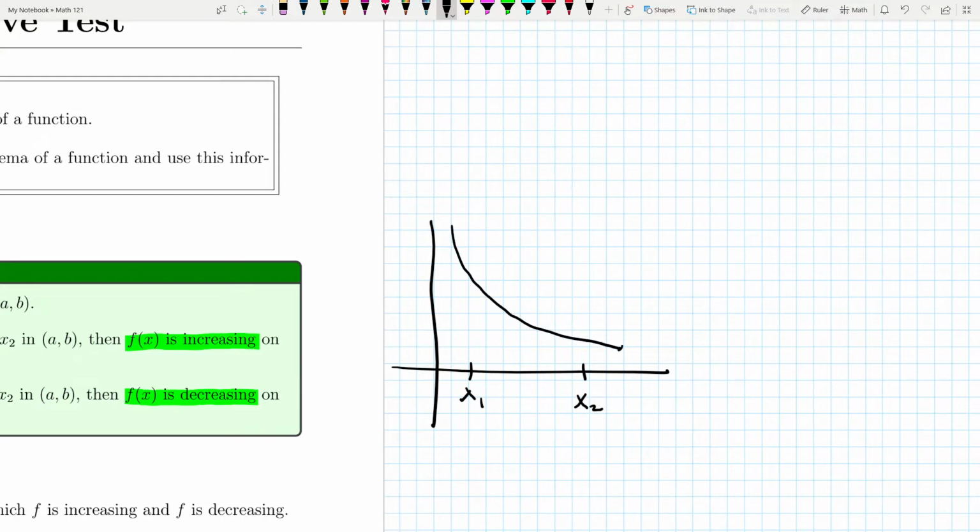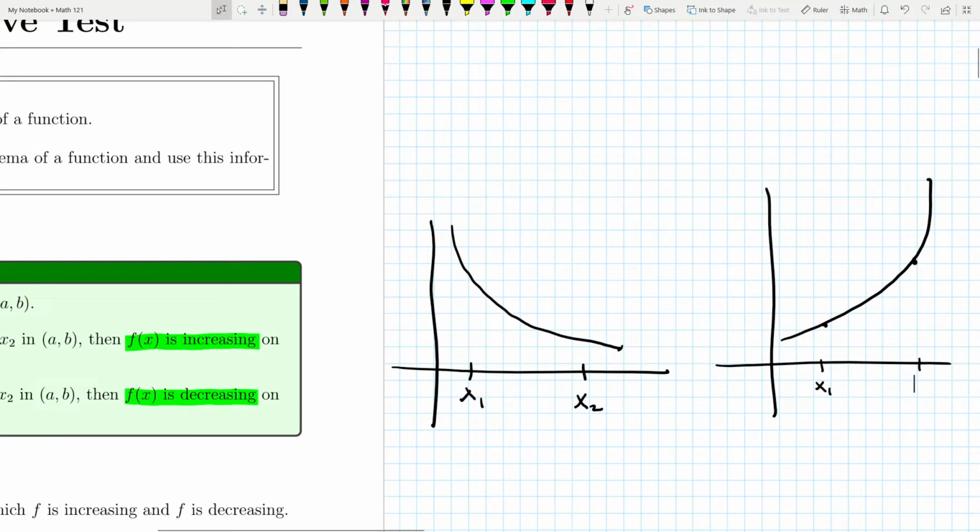We draw the graph of a decreasing function, and the same with the graph of an increasing function. We mark x1 and x2, and define the y values f of x1 and f of x2 on each. Notice in the decreasing case, f of x1 is larger than f of x2.